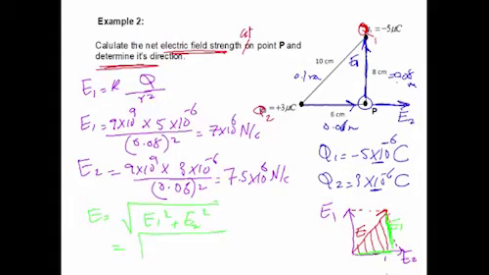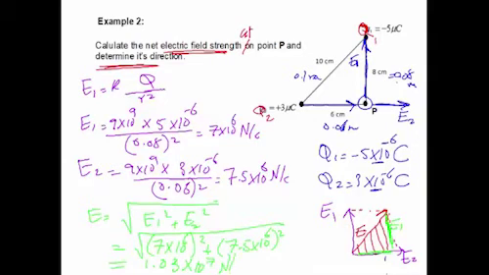So it is the square root of 7 times 10 to the 6 whole squared plus 7.5 times 10 to the 6 whole squared, and this is going to give us the value of E, which is 1.03 times 10 to the 7 Newton per coulomb.